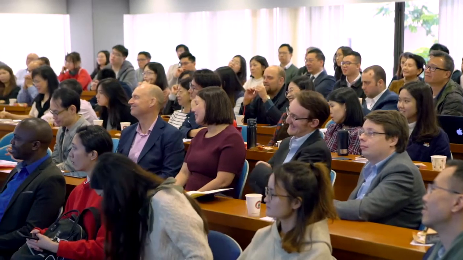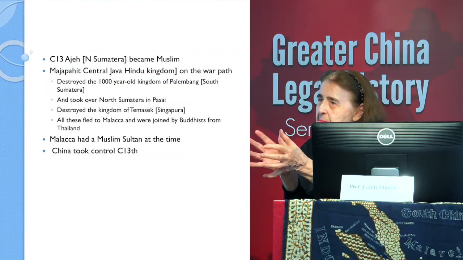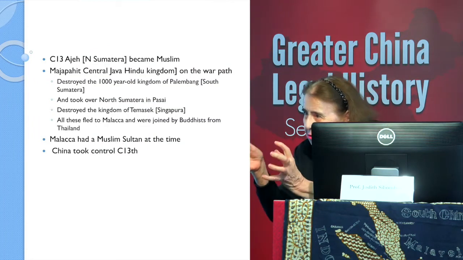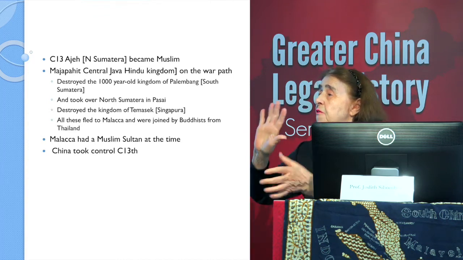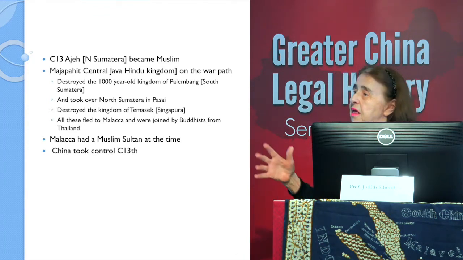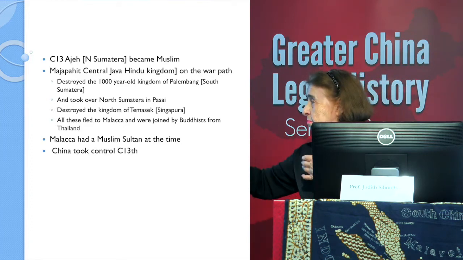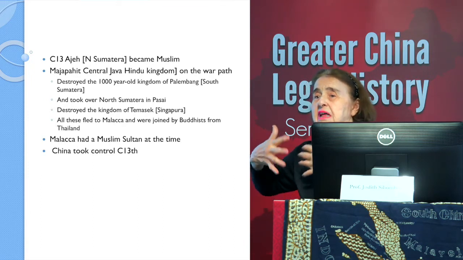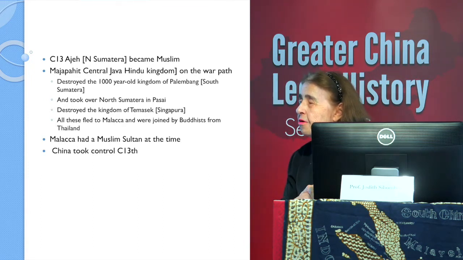Now, Malacca is the most exciting place. West coast of Malaysia, a Hindu area coming across from India until 1400. And then in 1400, there was a Muslim sultan. Sultans are Muslim kings. So there was a sultan in Malacca. Who took control of Malacca in 1400?